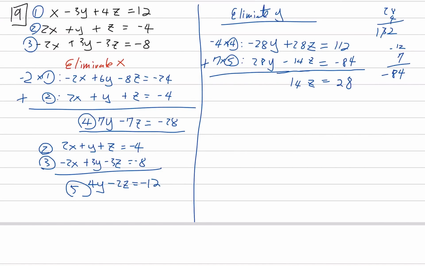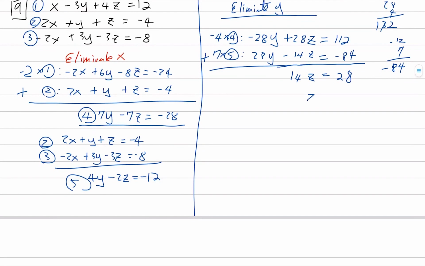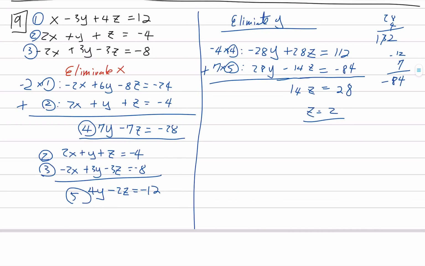Yep, 28. So then we know that z equals 2. We can plug z equals 2 into either 4 or 5 to get y. So let's just plug it here. 4y minus 2 times 2 gives me 4 equals negative 12. 4y equals negative 8. Y equals negative 2.